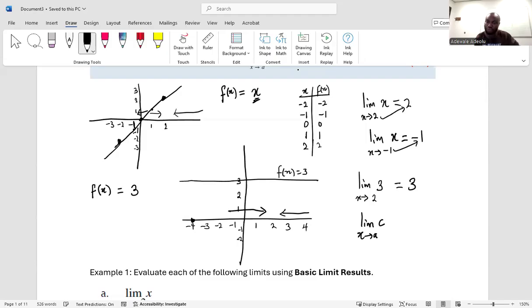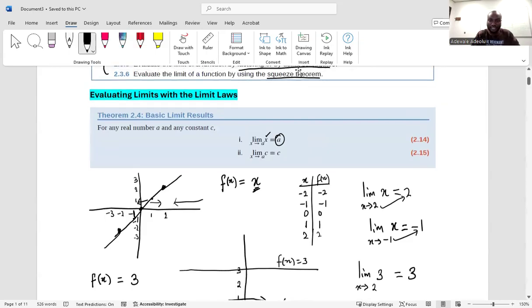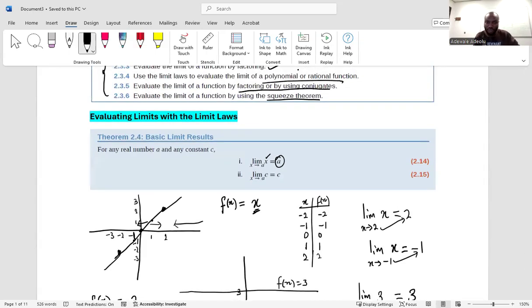So we conclude that when we are taking the limit of a constant function as x goes to any x value, call it a in this case, the limit is going to be that constant value. In general, when we are taking the limit of a constant function c as x goes to a, the answer is going to be c.